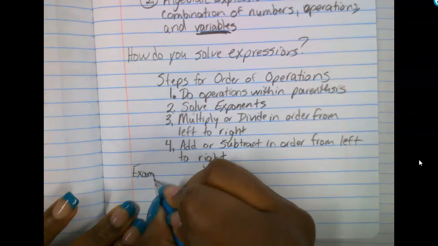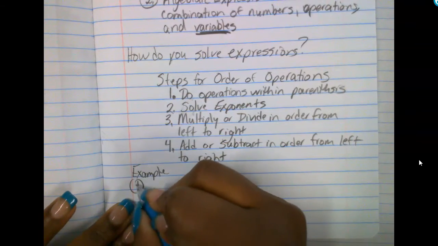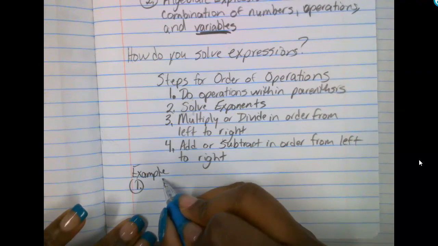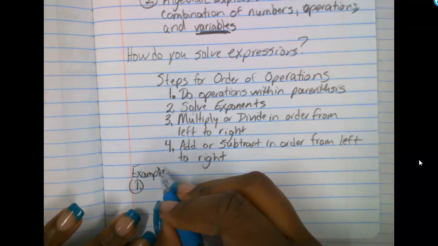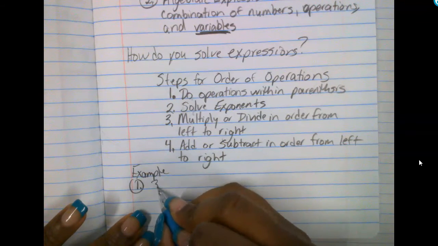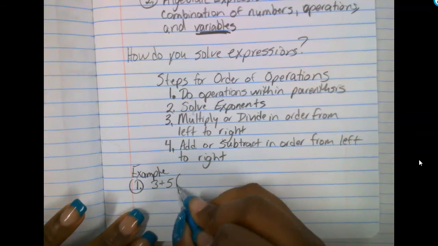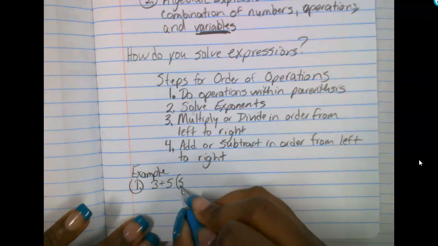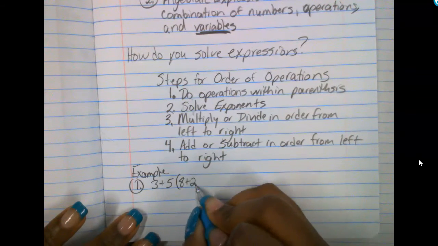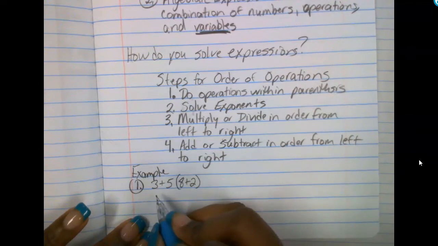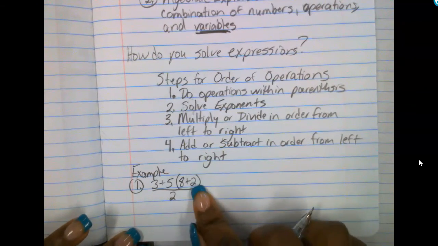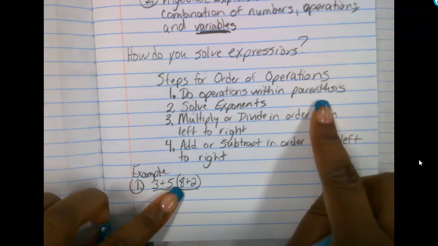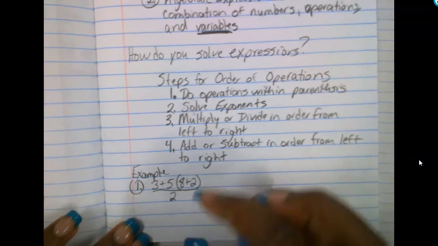So we got an example. Number 1, a numerical expression. Let's do a numerical first and then algebraic. Let's do 3 plus 5 times the quantity 8 plus 2, and then let's divide by 2. Let's do the top first, what's in the parentheses. 8 plus 2 is 10.